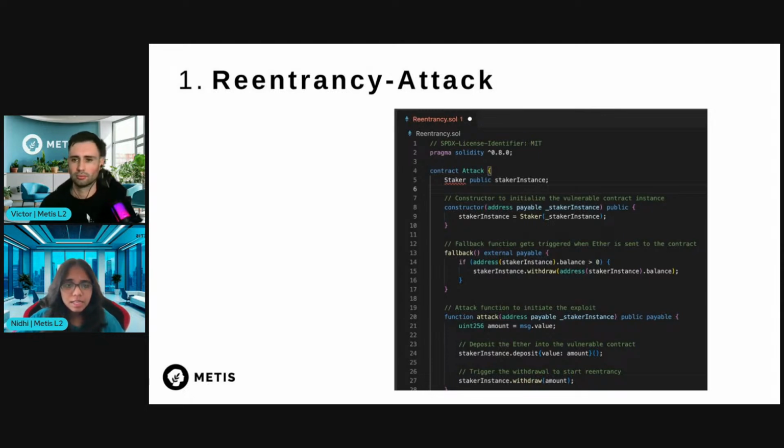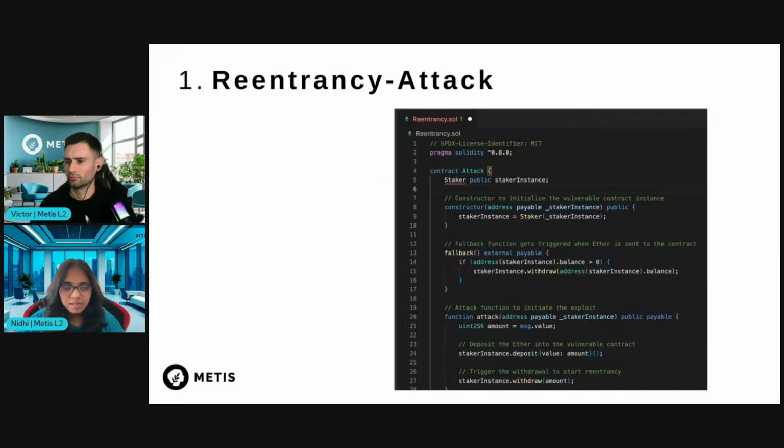In this contract, the attacker deploys the contract and calls the vulnerable contract in a loop, exploiting the reentrancy flow to drain the balance.